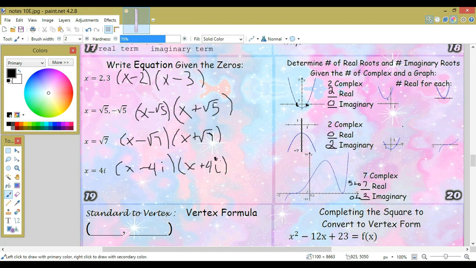Now, if you look at these 4 pictures, these are the 4 different kinds of things you'll find on a graph to determine if it's real or imaginary. This first one has 0 real. It never crosses the x-axis, so it can't have any real solutions. This one we know has 1 repeated real.